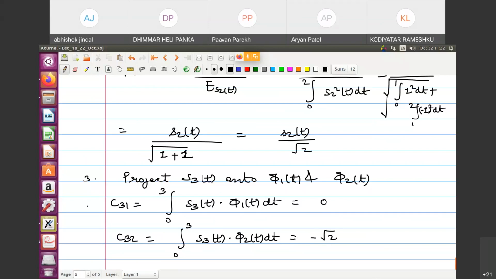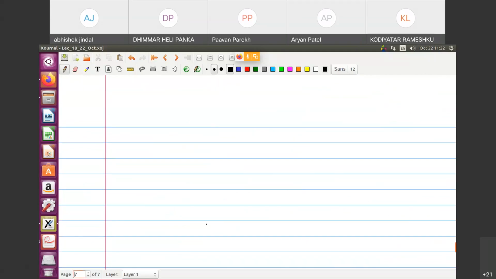So once we have both the things, now we can obtain G3(t). Let me write. This implies that your G3(t) would be S3(t) minus, this is 0, plus root 2 times phi 2. Okay, so this is your G3(t). Now if you divide it by the norm, you will get phi 3(t).